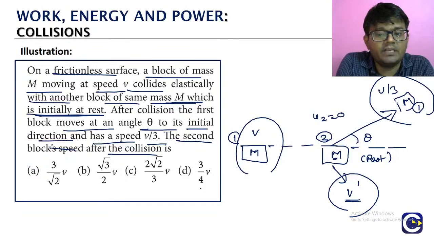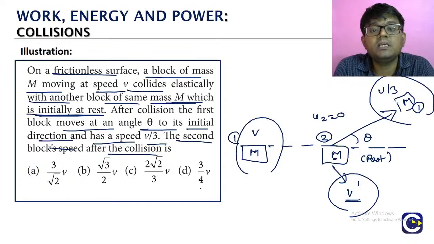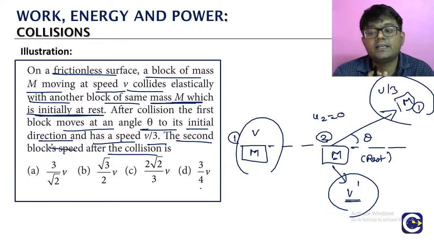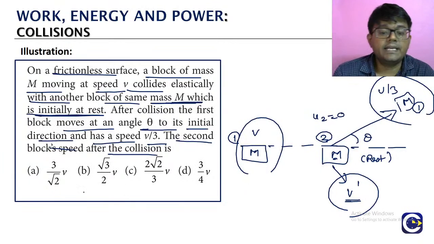Here they are not giving us in what way the blocks collide, so we have no idea about the contact surface. But this question can be easily solved by applying conservation of kinetic energy of particles. How?